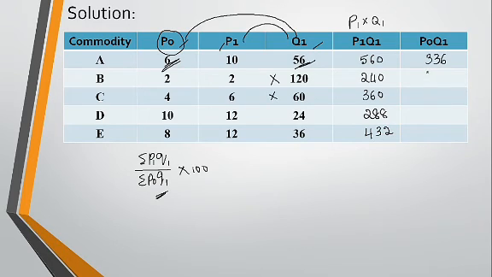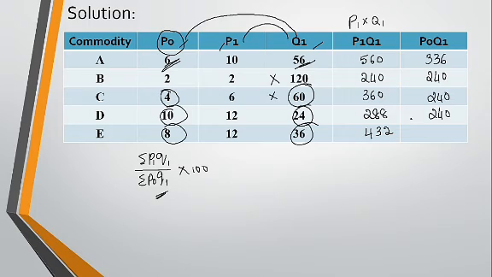Second one, 2 into 120, which will give you 240. 4 into 60 will again give you 240. 10 into 24 will again give you 240. 8 into 36 will give you 288.